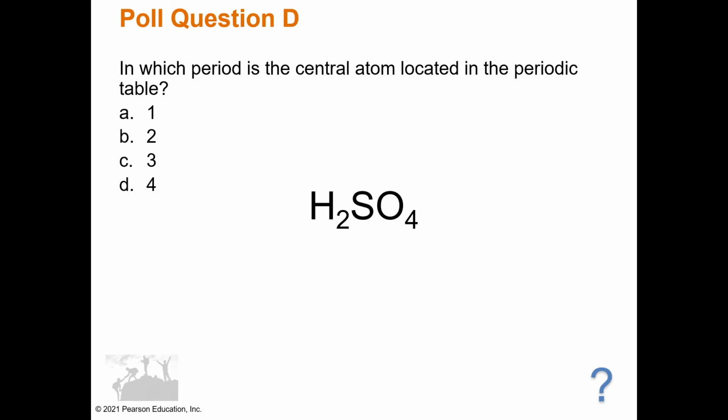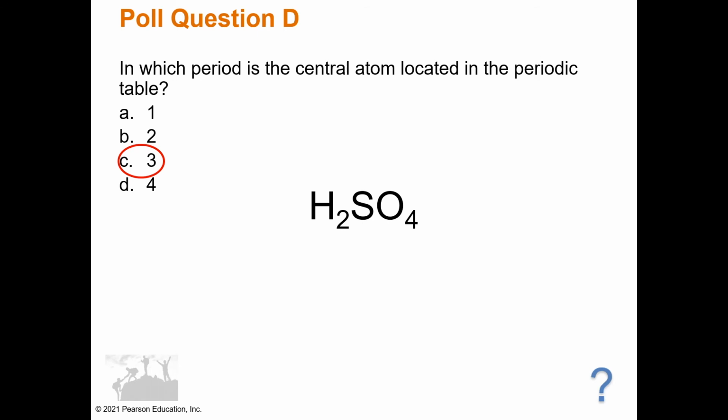Now do the same for H2SO4, or sulfuric acid. In which period is the central atom located in the periodic table? Press pause, figure out the structure, then take a look at your periodic table. When you're ready for the answer, click play. Okay, our answer here is the third row, or the third period.